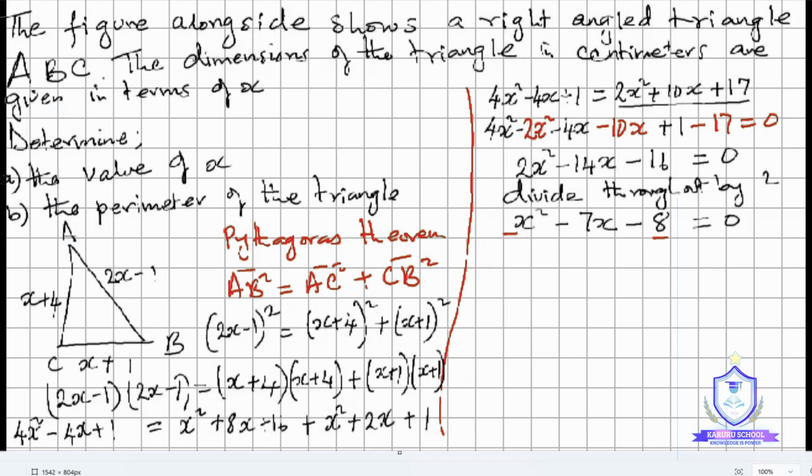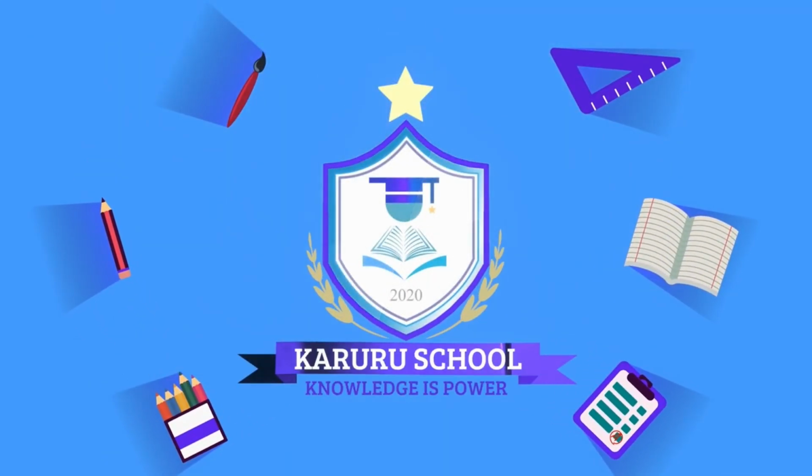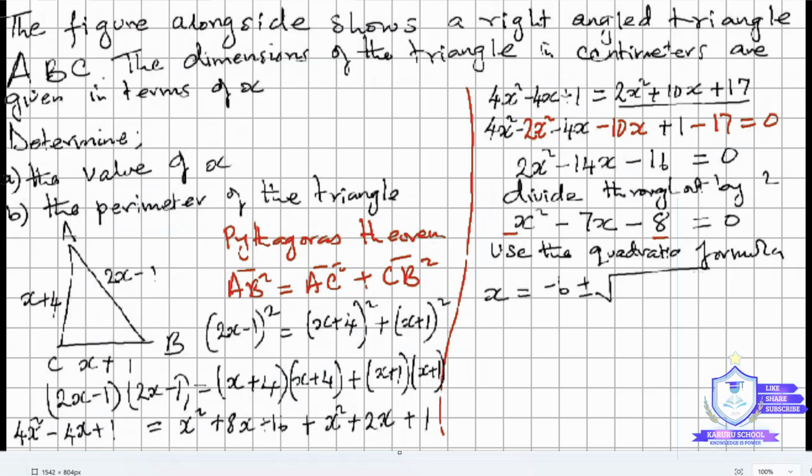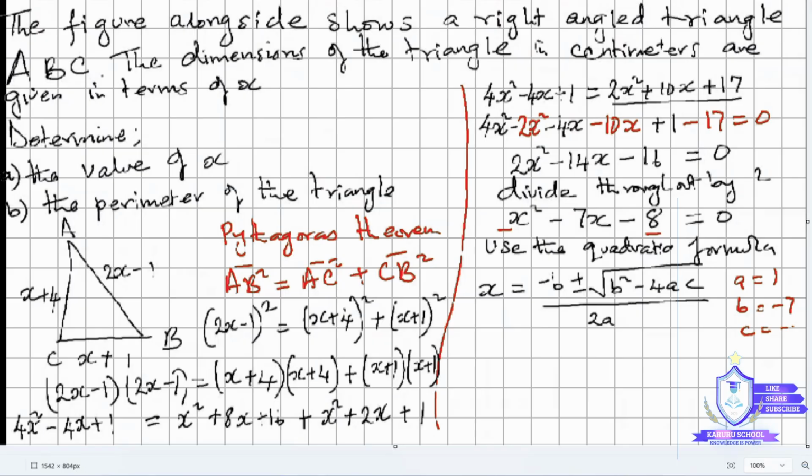Let's use the quadratic formula. So this one would mean x equals minus b plus or minus the square root of b squared minus 4ac, divided by 2a, where a equals 1, b equals negative 7, c equals negative 8.